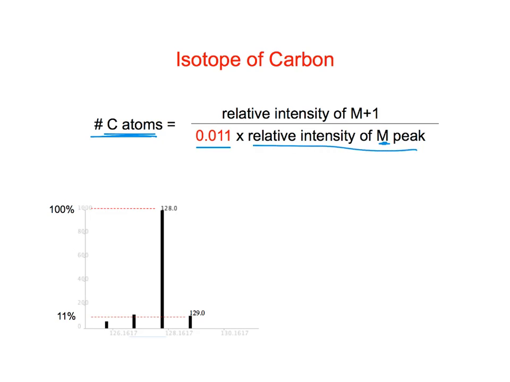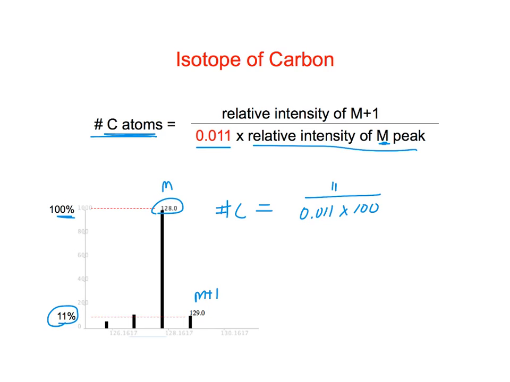If we were going to do this, the number of carbons equals the relative intensity of the M plus 1, which is at 11%. So we have 11 divided by 0.011 times the M peak, which is at 100%, times 100.